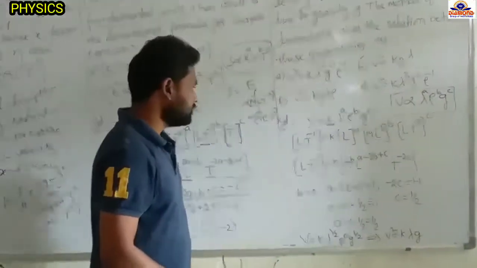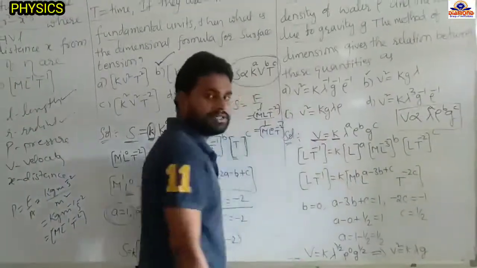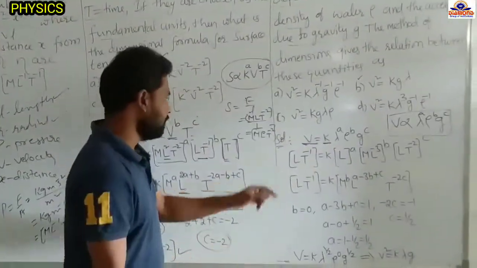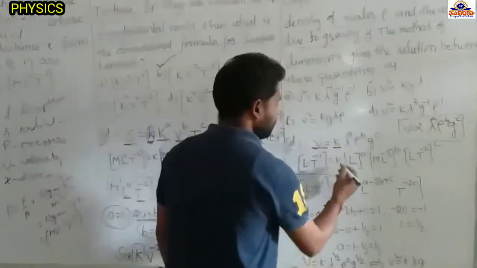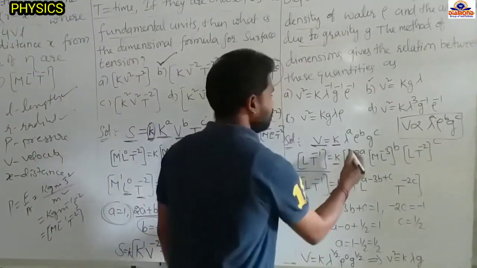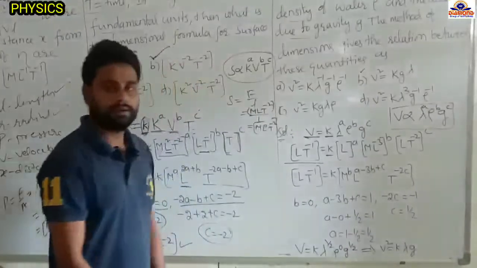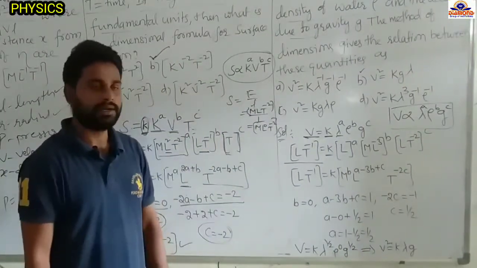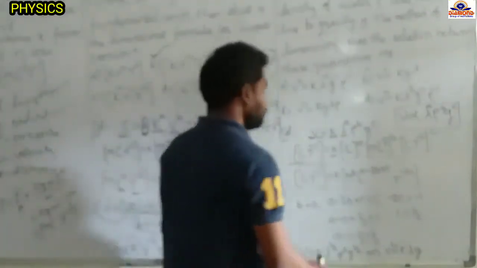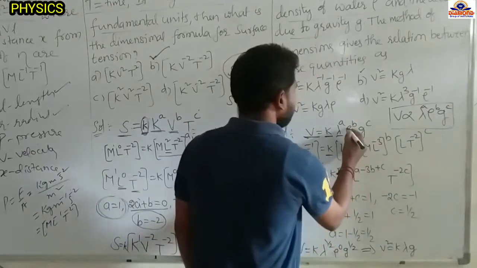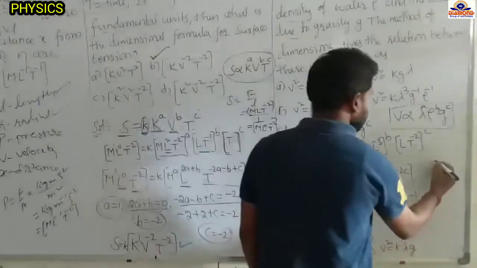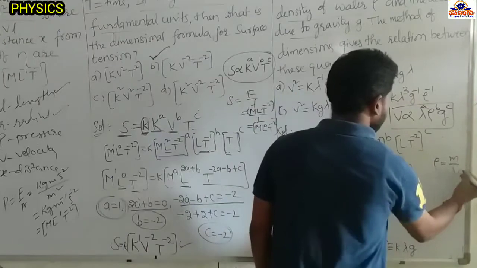And the next, the dimensional formula of velocity we already know: L T power minus 1 equal to dimensional constant into lambda. Wavelength is lambda, and we measure it in meters, nothing but length. So the dimensional formula is L power a. For the density's dimensional formula, density equals mass per volume.